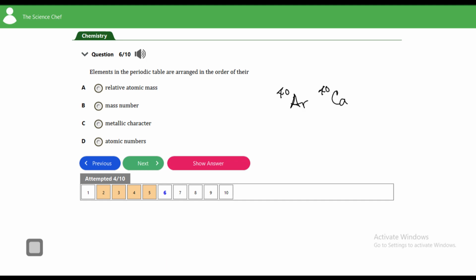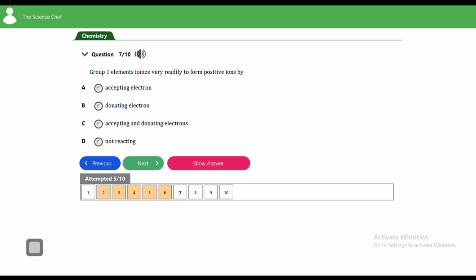So which of them would you place first on the periodic table if you were to arrange them based on mass numbers or atomic masses? But with the atomic numbers, no two elements can have the same atomic numbers. Are we together? So the best criterion for arranging elements in the periodic table is in the order of their increasing atomic number, which in this case is option D.